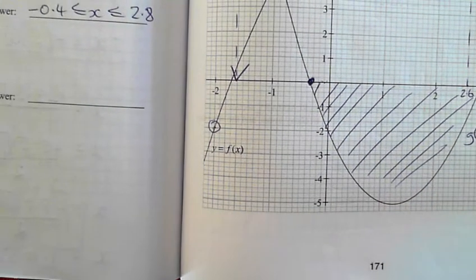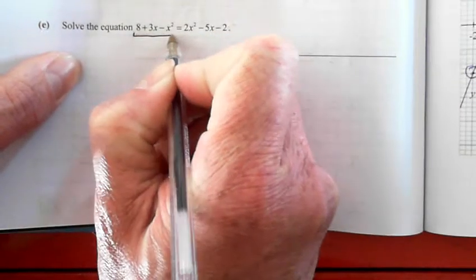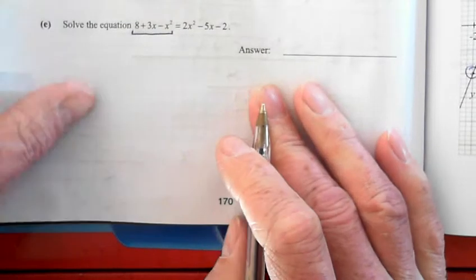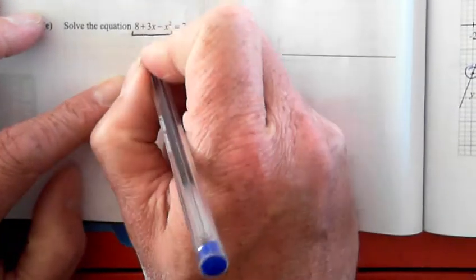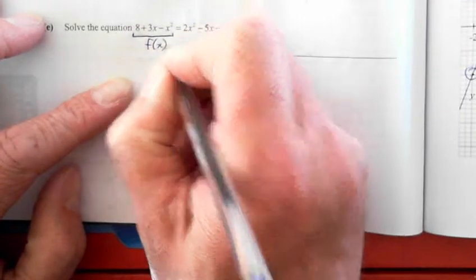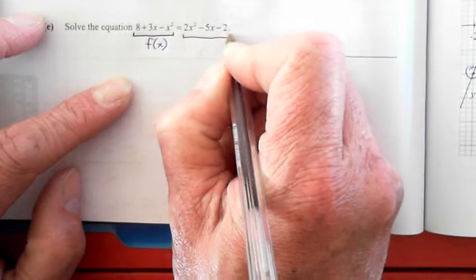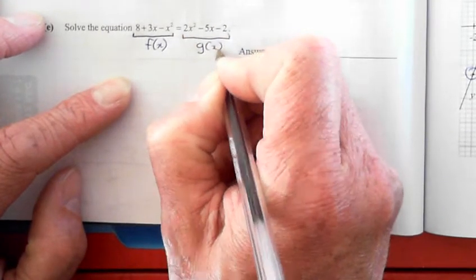Right. The next one is easier than it looks. Which graph is that one? That is the first one, f of x. And the next one is g of x.